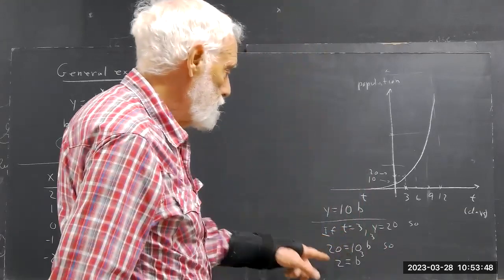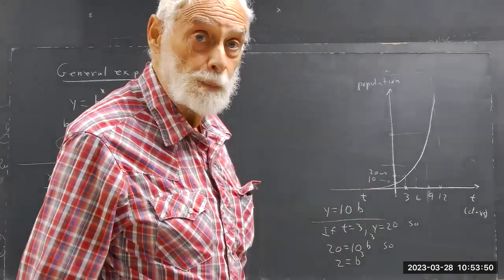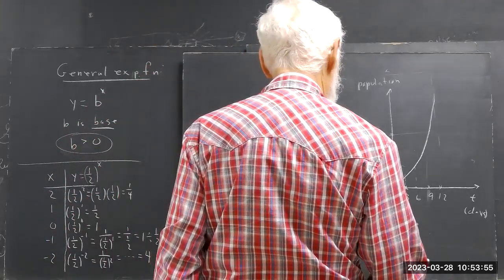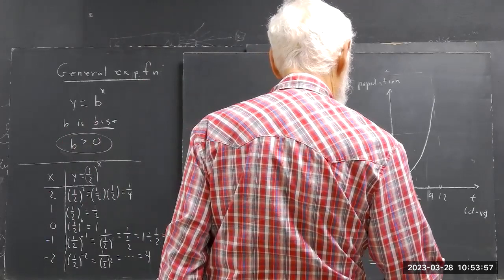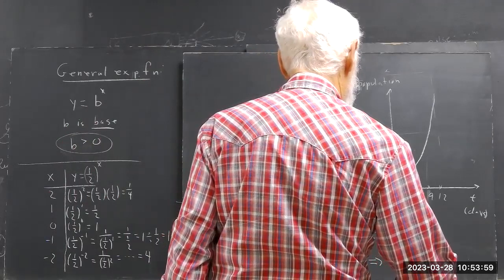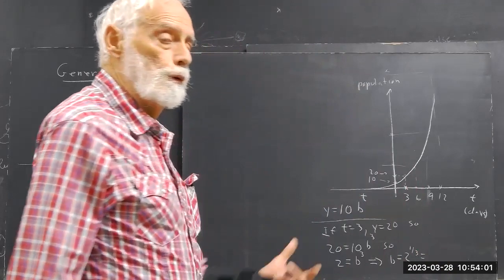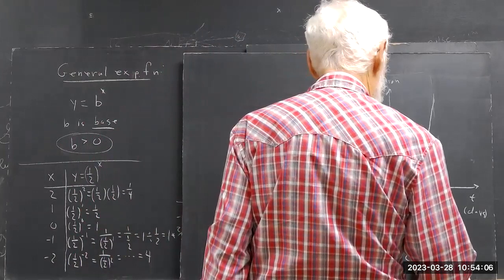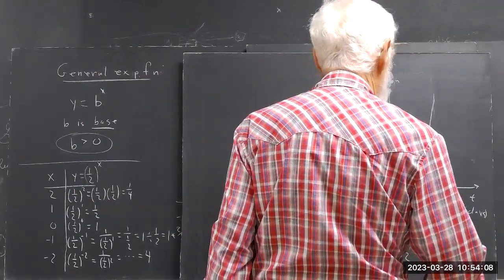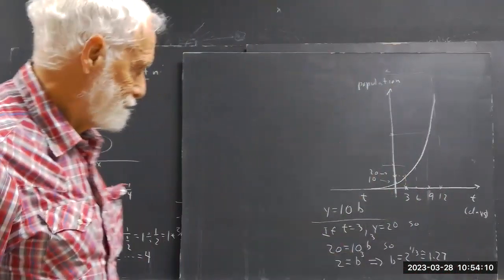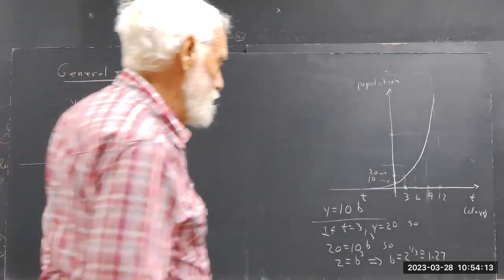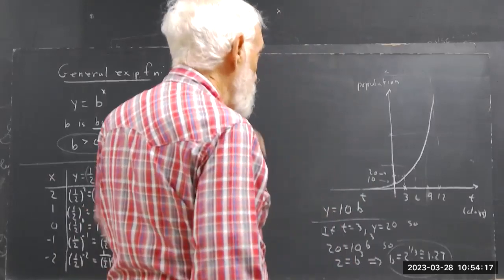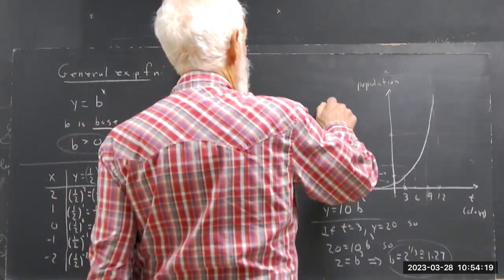If I divide both sides by 10, I get b to the third equals 2. So b equals 2 to the 1/3. That might be something like 1.27.